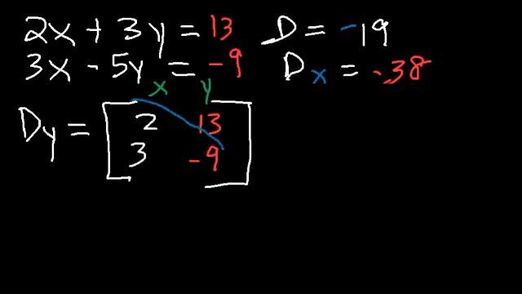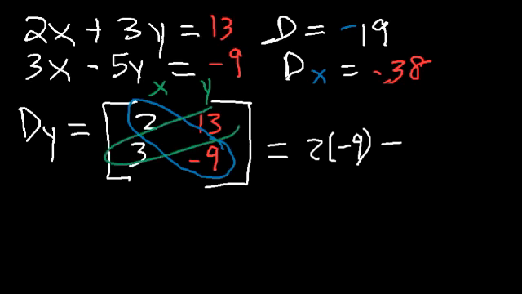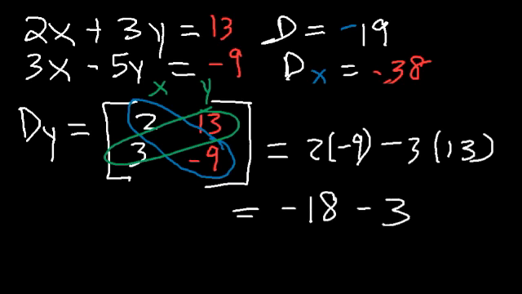So it's going to be 2 times negative 9 minus 3 times 13. So 2 times negative 9 is negative 18, and 3 times 13 is 39. So negative 18 minus 39 is equal to negative 57.